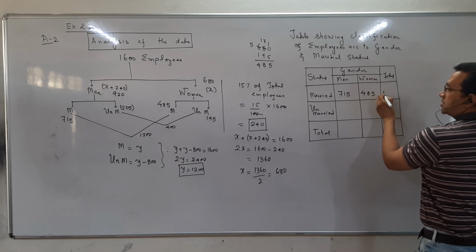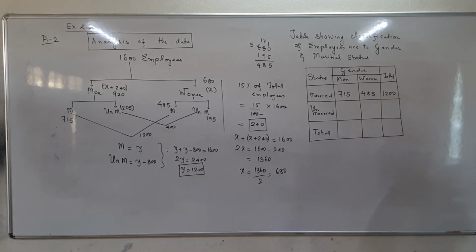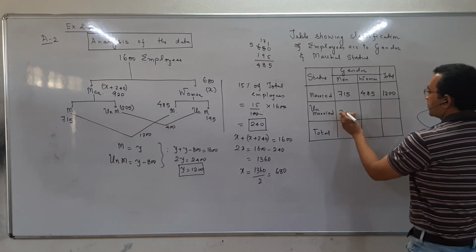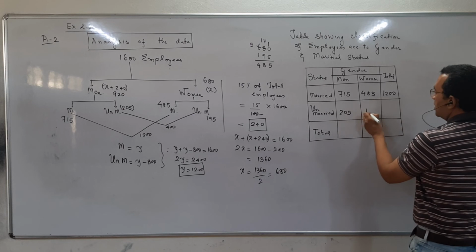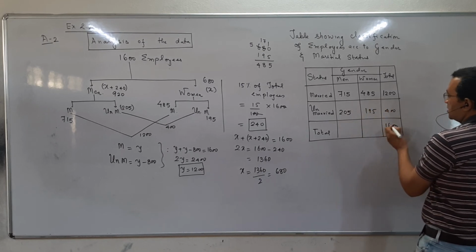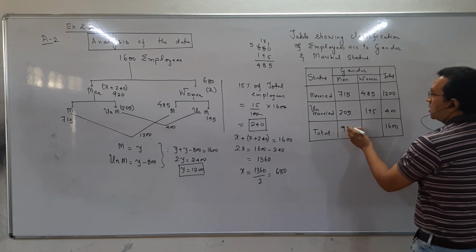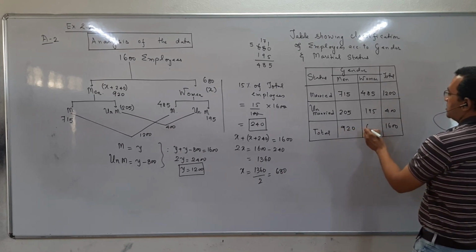Total is definitely right. How many unmarried men? 205. Unmarried women 195. The total is 400. This is 1600. How many men were there? 920. How many women were there? 680.